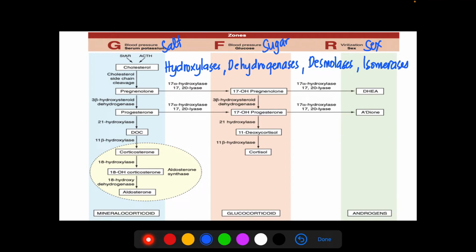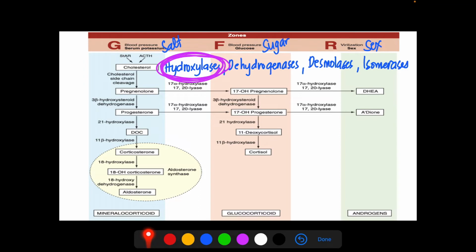Take note also that most of the inborn errors of metabolism affecting steroid hormone synthesis in the adrenal cortex involve deficiencies of hydroxylases. That's why these hydroxylases constitute the most clinically important group of enzymes when we are talking about steroidogenesis or the steroidogenic pathway.